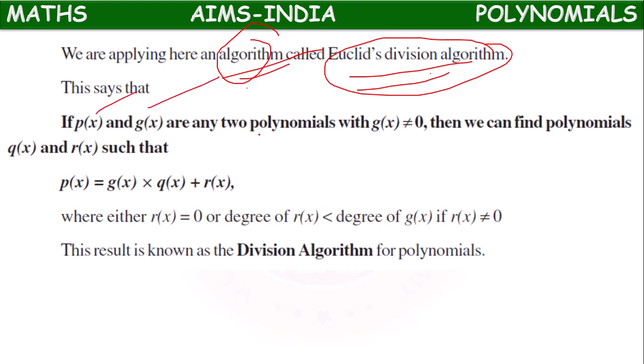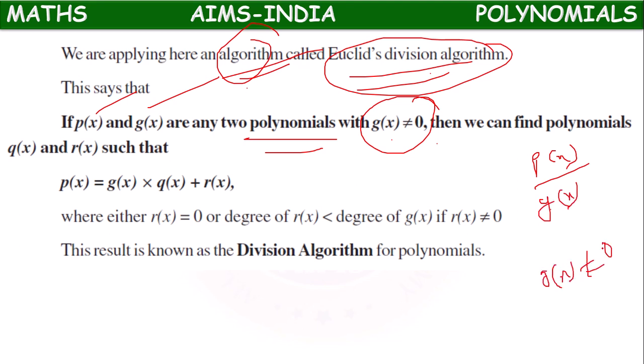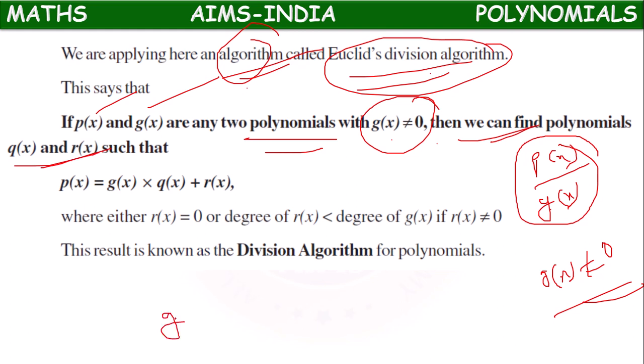If p of x and g of x are any two polynomials with g of x not equal to 0, meaning the denominator g of x is not equal to 0, then there exist two more polynomials q of x and r of x such that p of x equals g of x into q of x plus r of x, or dividend equals divisor into quotient plus remainder.